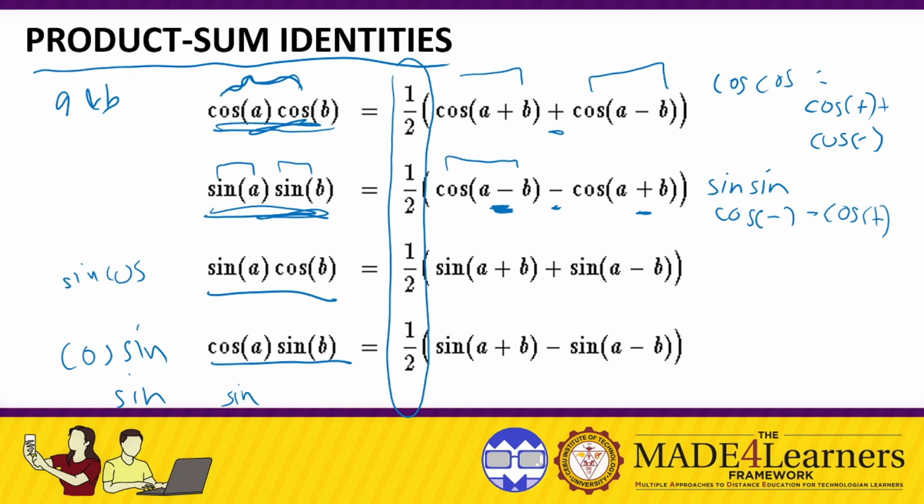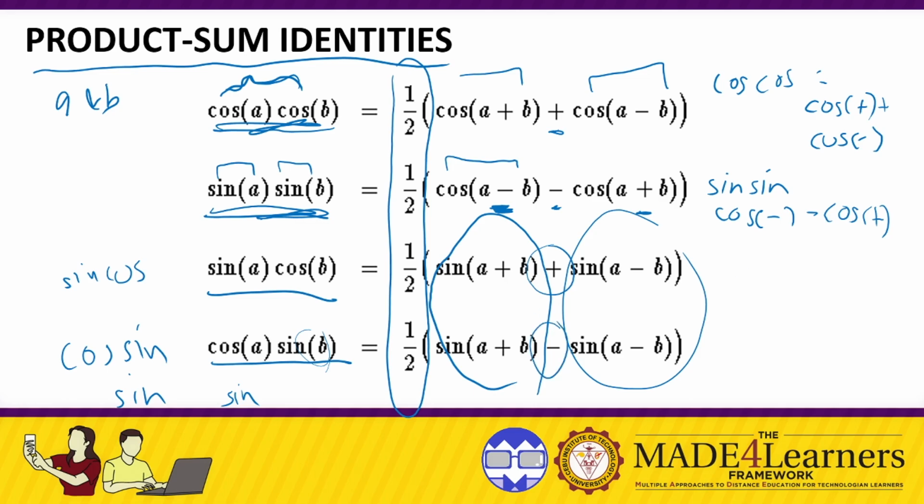If it's cos A sine B, the first angle is cos and the second is sine, we have 1/2 of sine(A plus B) minus sine(A minus B). Sine(A plus B) and sine(A minus B) are common in both, so the only thing that changed is the signs.